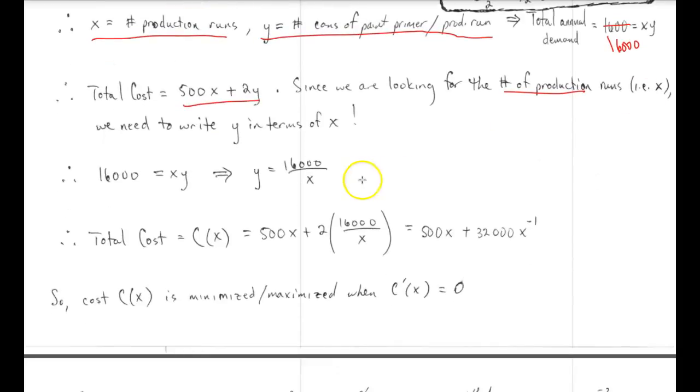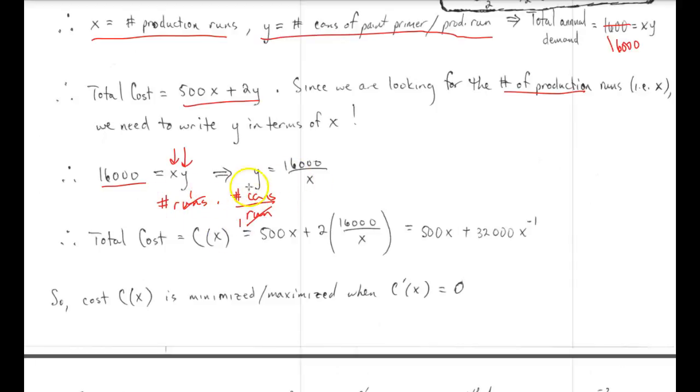So moving forward here, we know that 16,000 is the total demand for the year. And of course, we can find that out by doing the number of production runs multiplied by the number of cans of paint primer per production run. Okay? Or we can just simply say like this: number of runs times the number of cans per run. And of course, those units reduce to 1.